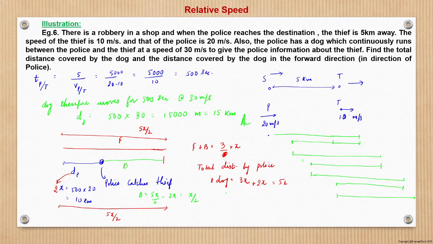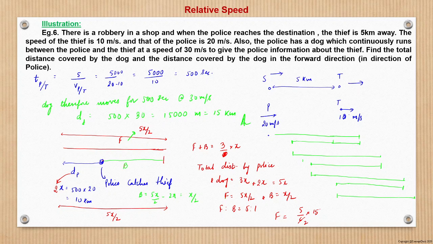And f is nothing but 5x by 2. So we can say that f is equal to 5x by 2 and b is equal to x by 2. So therefore the net forward to backward ratio is 5 is to 1. So the net forward movement by the dog is nothing but 5 by 6 into the total movement, which is 15 kilometer, right?